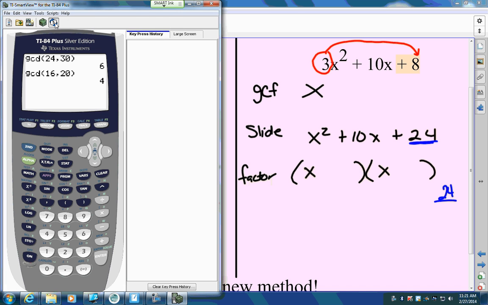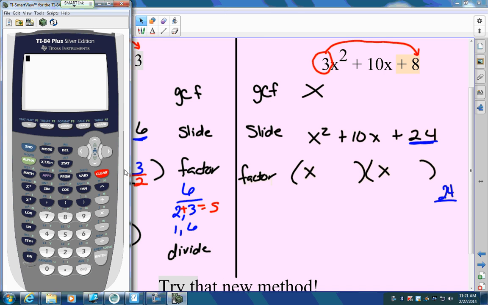So go to y equals, put 24 divided by x, press second graph. Now you're always going to get an error at 0 because you cannot divide by 0. Okay?